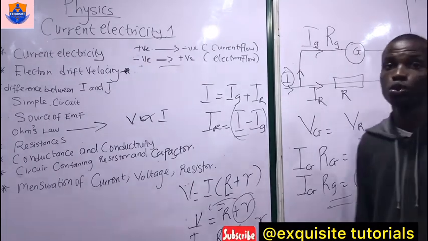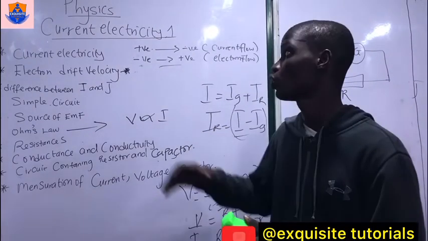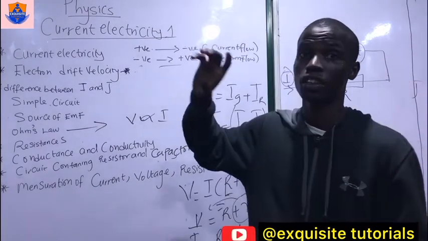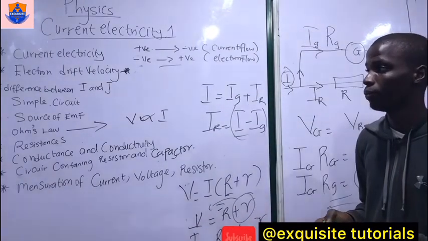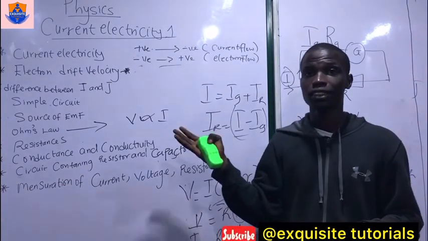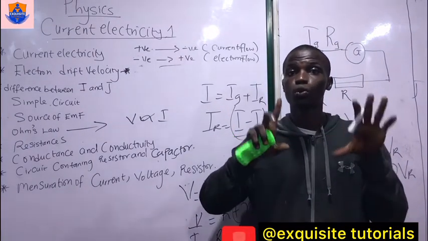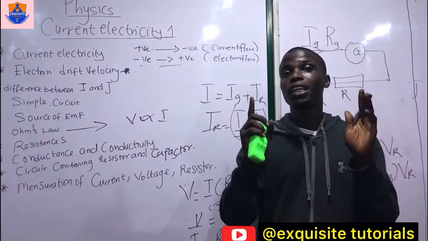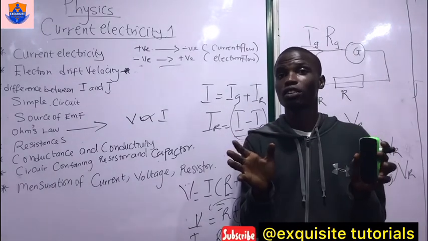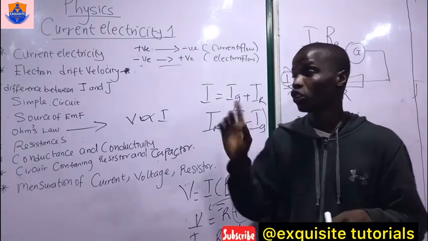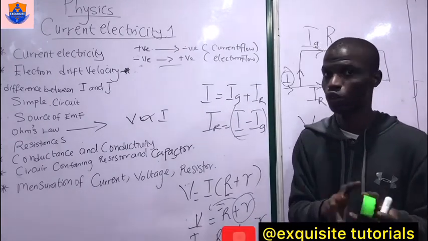In the other video we'll be giving the calculation aspect that has to do with current electricity. If you have any question on what I just taught, let me drop questions that you can answer by sending them to the WhatsApp group. You can write them down now as you follow this video.